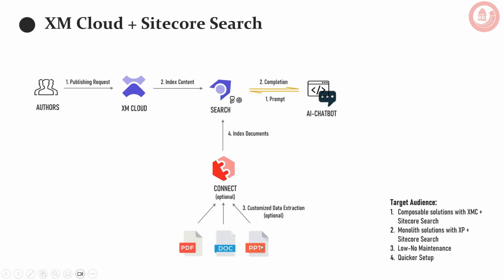You could inject all of your documents, parse them with Sitecore Connect, and then index the documents into Sitecore Search. So you can index your data and content, and then the chatbot will be able to get the response back. Here the target audience is somebody who already has XM Cloud and Sitecore Search, and is looking for low maintenance and a quicker setup. For those people, this works best.